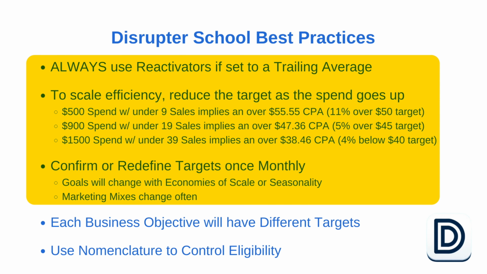Okay, let's keep going. I also highly recommend that you confirm or redefine your targets once monthly. Your goals are gonna change with economies of scale or seasonality. Like we talked about before, if you go from spending $100 a day on Facebook to 1,000, the lift you're gonna get to email and to Google and everywhere else is gonna be greater.